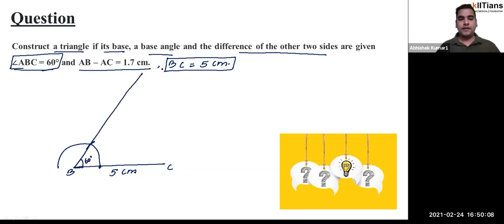Understood? Now, what is the difference between AB and AC we have? The difference between AB and AC that we are provided here is equal to 1.7 centimeter. So what do we need to do? You have to assume B to be the center, and assuming B to be the center, you have to mark one arc here. Let me call it BX.